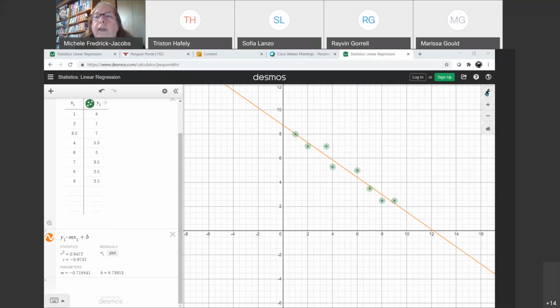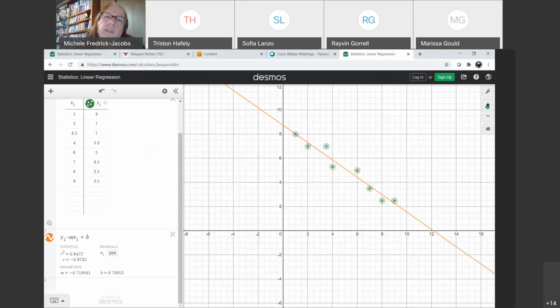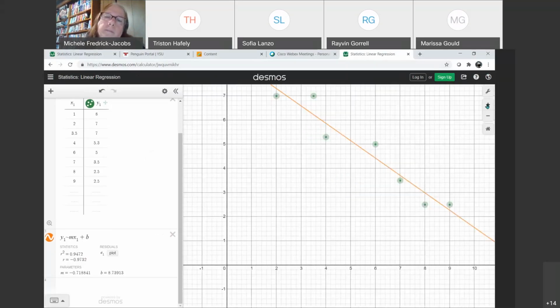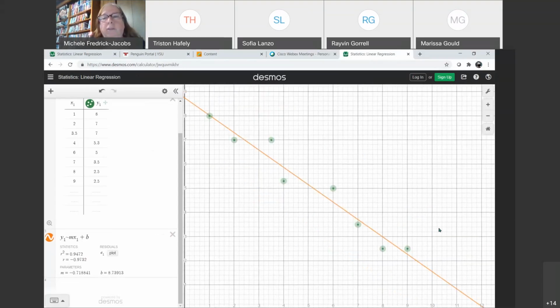Zoom out and zoom in is what changes that. So if you hit the plus sign over here on the right, you can get it to go. And then we can move it around a little bit so we could see the whole graph.